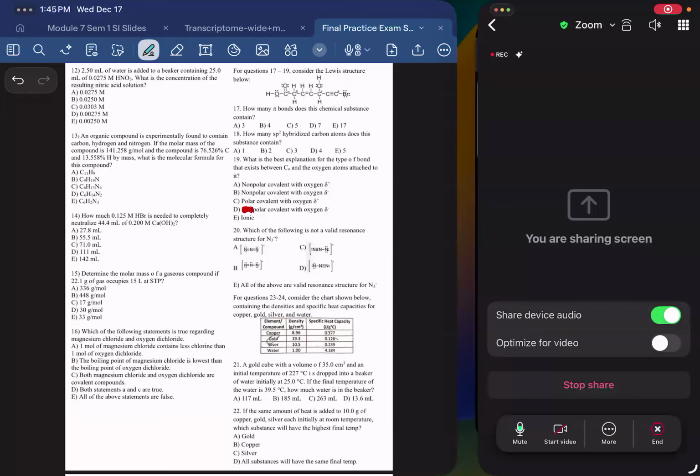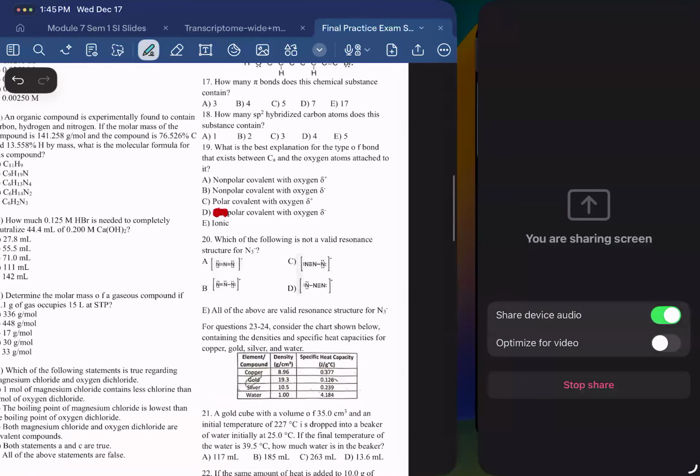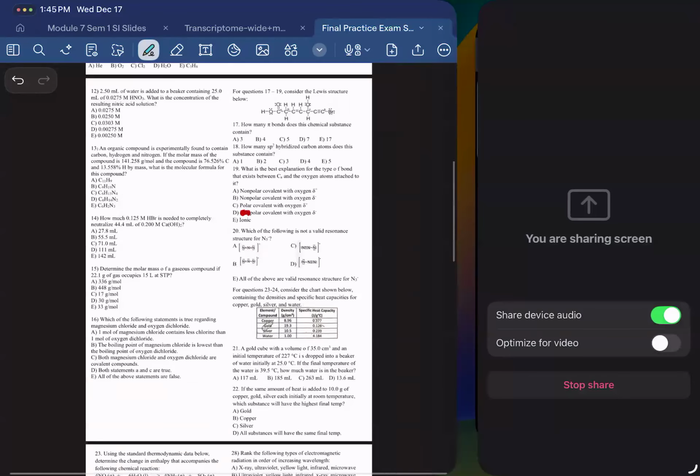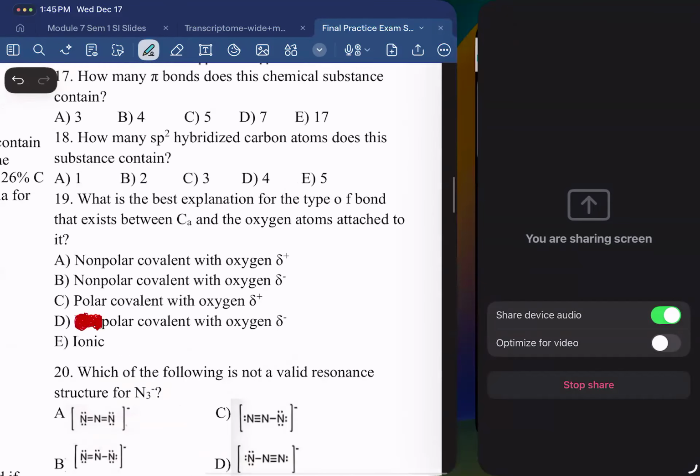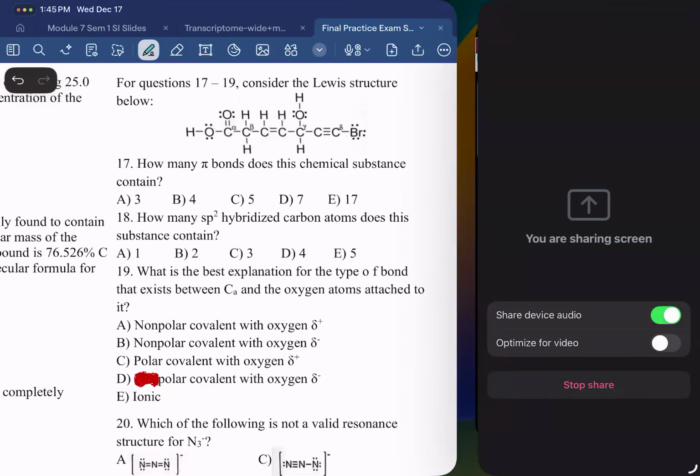Okie dokie, guys. Are there any questions that you want me to go over? I've got one for number 19, so I'll get started with that. This question is talking about this whole compound, but specifically about carbon A. They're asking what type of bond exists between the carbon and the oxygen atoms attached to it.